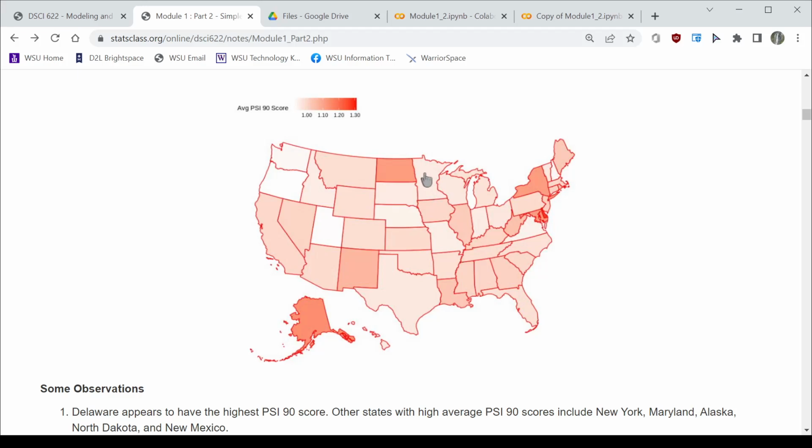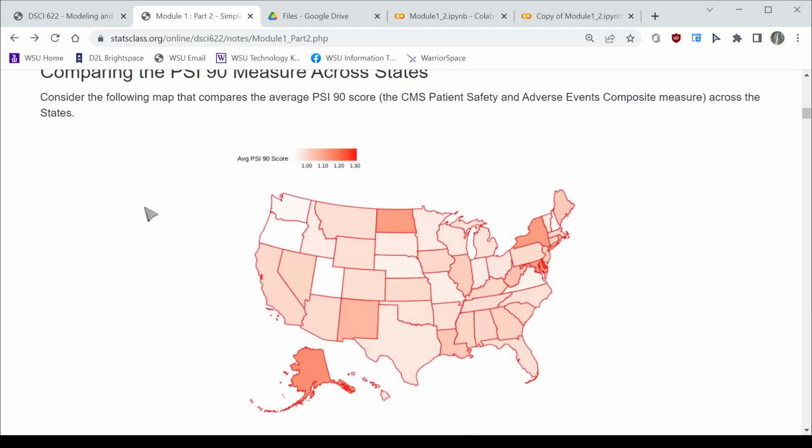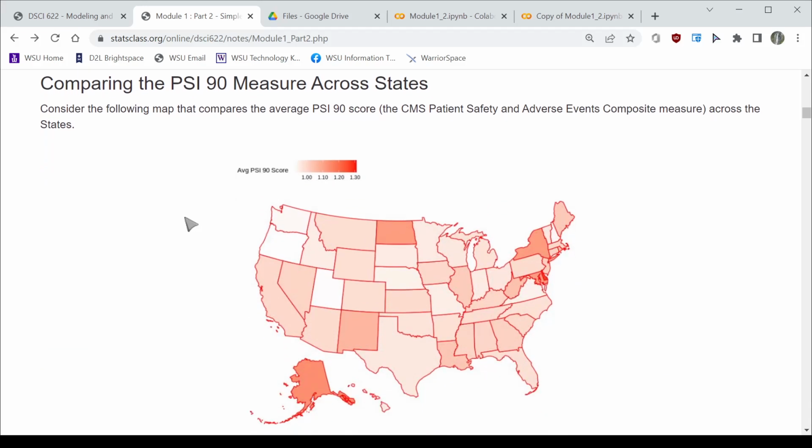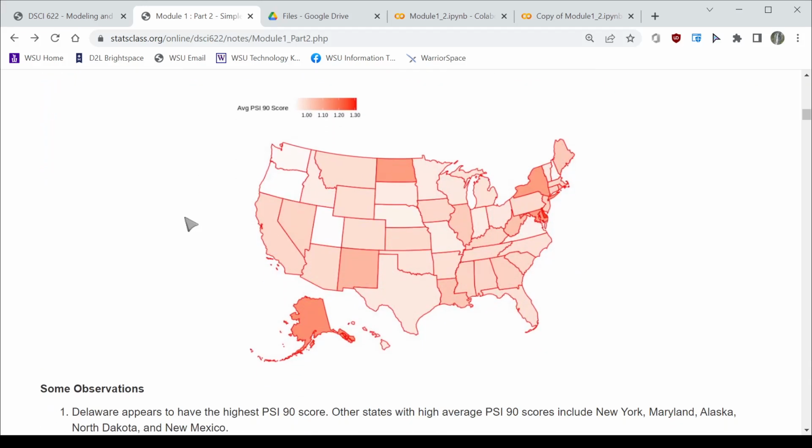So some of the hospitals within Minnesota are going to be higher than other hospitals within Minnesota. And that's just based on the different demographics of where that particular hospital is located, things like that. But this just gives us an overview of what's going on with that PSI 90 measure, at least comparing states to one another.